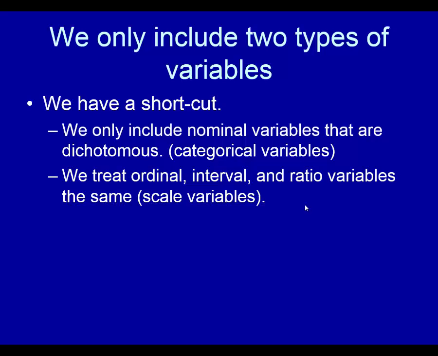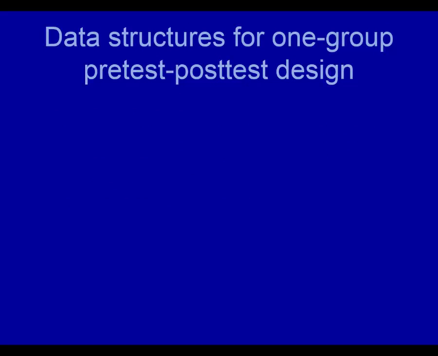The two shortcuts: number one, we only include nominal variables that are dichotomous, meaning you have measured behavior as something like yes or no. If it's nominal, it has to be dichotomous in order to be in our system of data analysis presented here. Number two, we treat ordinal, interval, and ratio variables the same and simply call them scale variables.